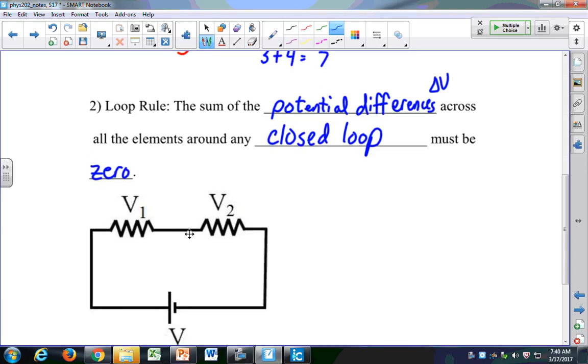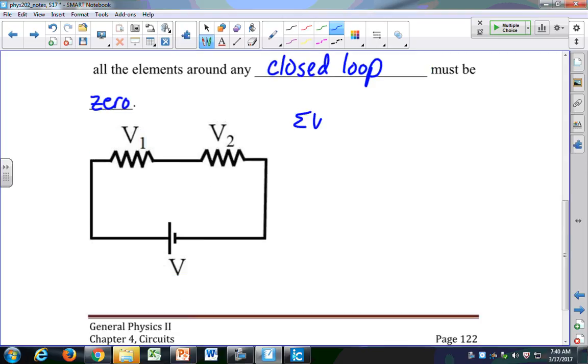We said that the sum of the voltages across this loop, for example, are equal to V minus V1 minus V2 equals 0. We said that when electrons go across resistors, they lose energy. Like the roller coaster, not the chain going up, but when you come down the hill, your roller coaster car loses potential energy. And so in a similar way, our electrons lose energy when they go across these resistors.